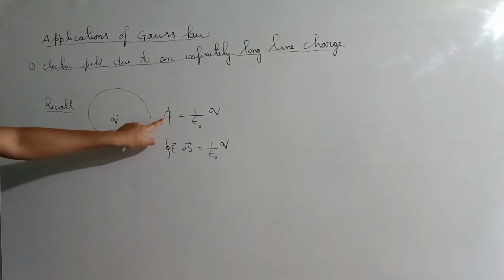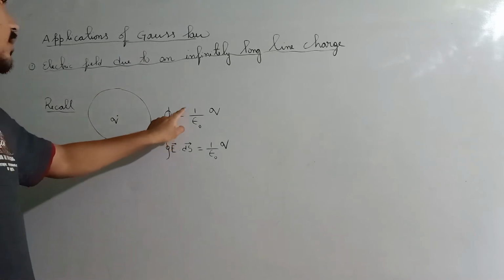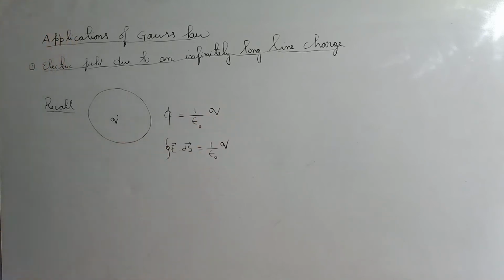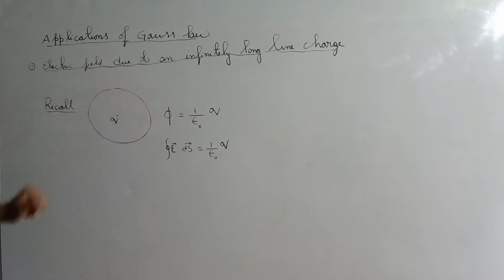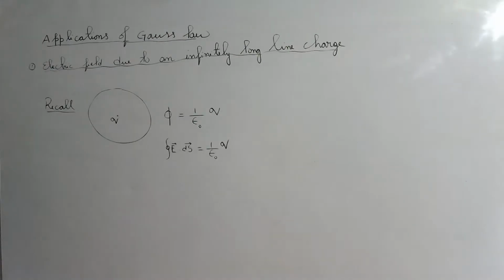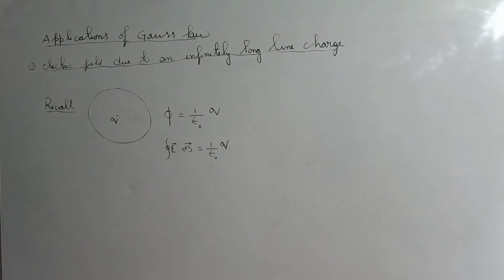The total electric flux over the entire closed surface is given by 1 by epsilon naught times the charge enclosed, or the electric field over the entire closed surface is given by 1 by epsilon naught times the charge enclosed. So we are going to use these two relations.